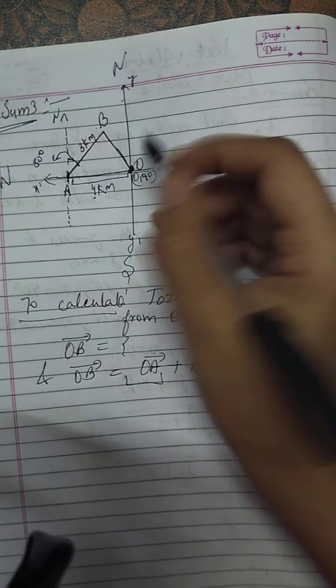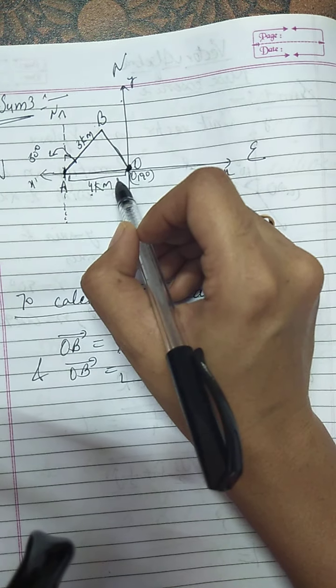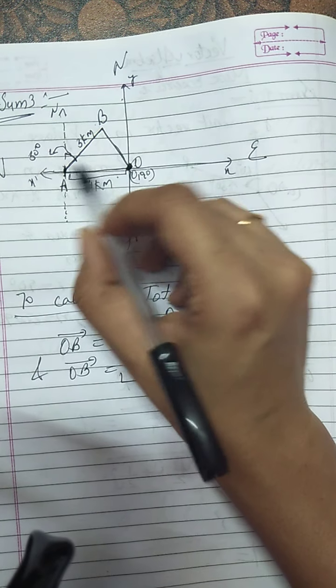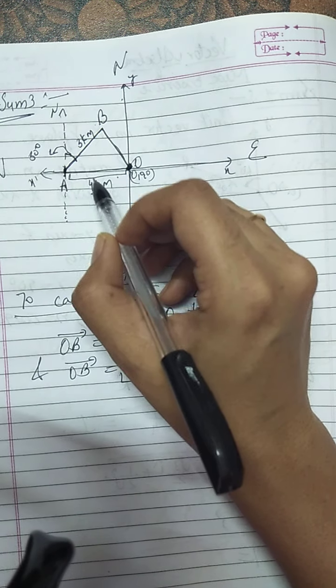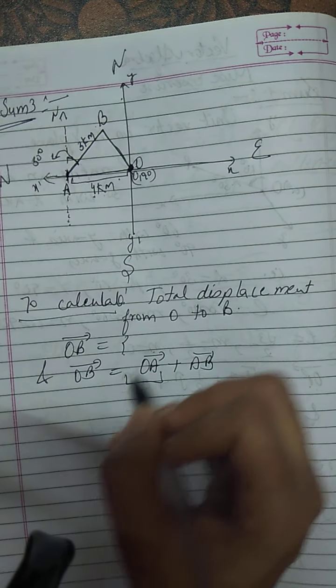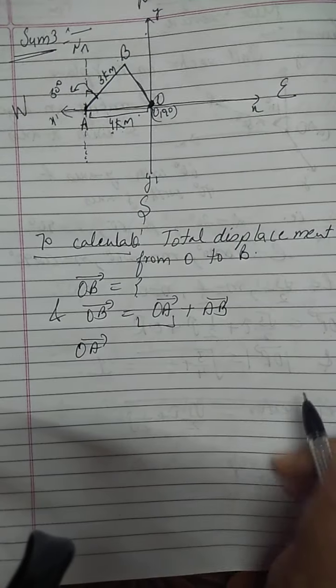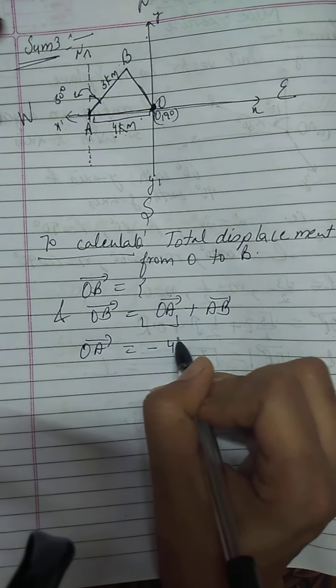The OA vector we know: it is 4 km in the negative direction, on the negative x-axis, so I cap will come and it will be minus 4 I cap.